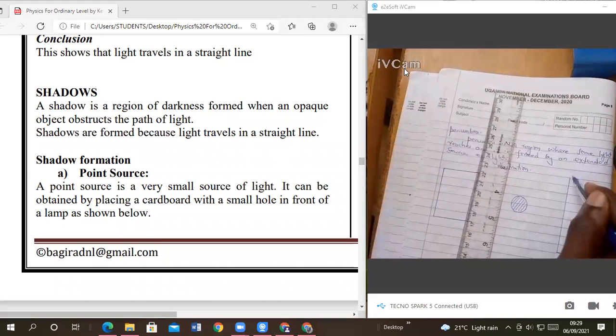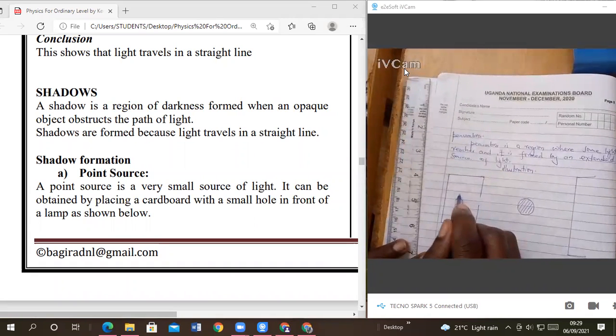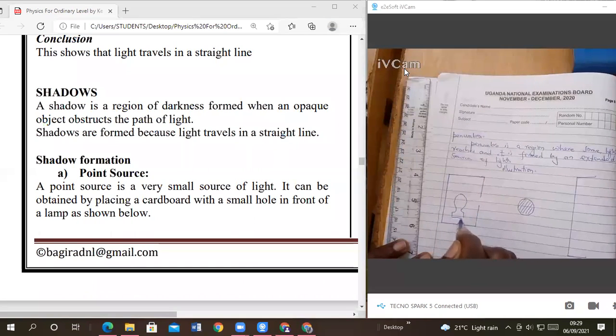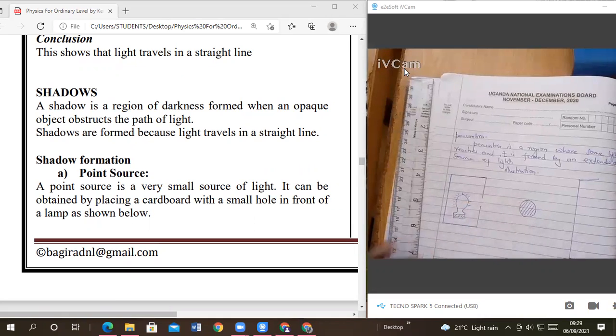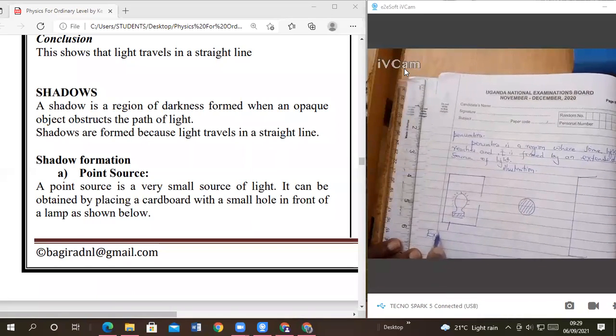Then we shall have a source of light, which you can use the bulb. To show that it is lighting, you have to put the stars there.